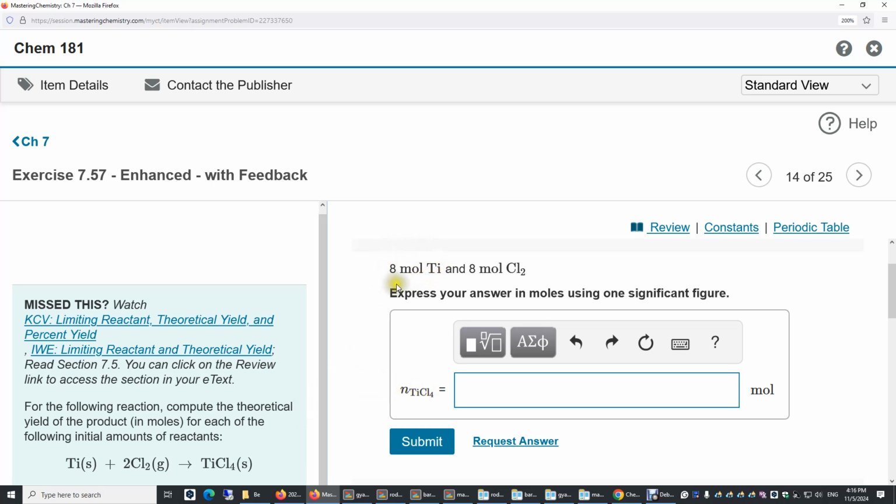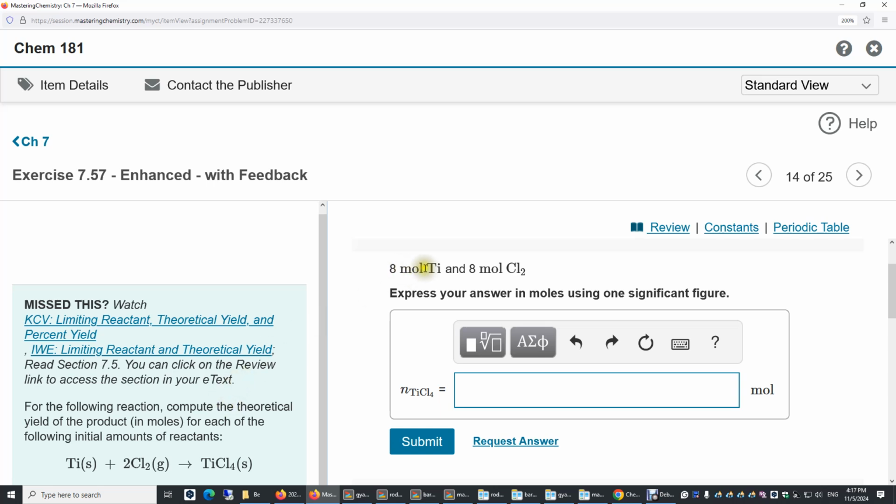We can use the amount of titanium to predict the amount of product, and then we use the amount of the chlorine gas to produce the amount of the product, and then whichever value is smaller, that's the theoretical yield.